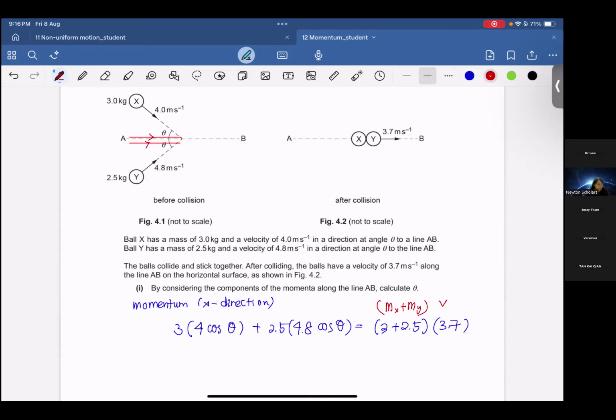Do calculation and then tell me your answer. Resolve. Resolve meaning that split. Split into the x direction. Then we compare the same direction, x direction. So you need to resolve it.